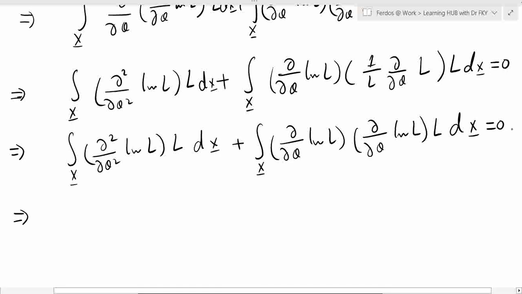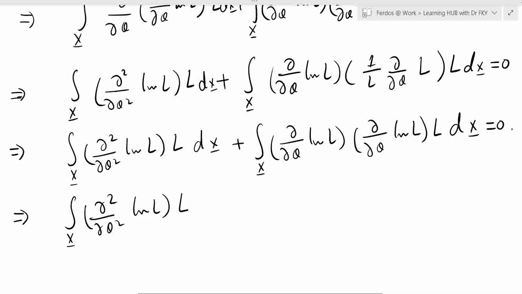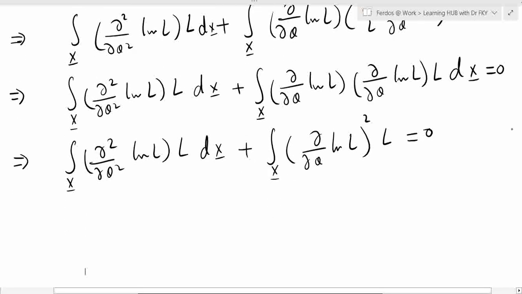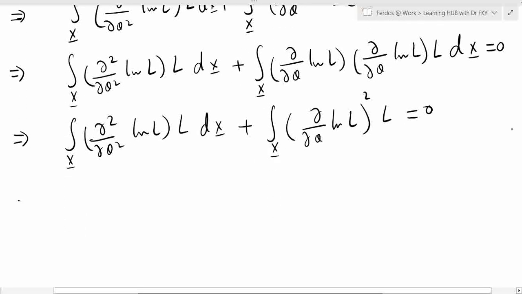So now there is a pattern: this is equal to the second derivative of ln L dx plus, these two are the same things, so this becomes the square of the first derivative of ln L times L, equal to 0. Now you can find a relationship, some pattern in this.